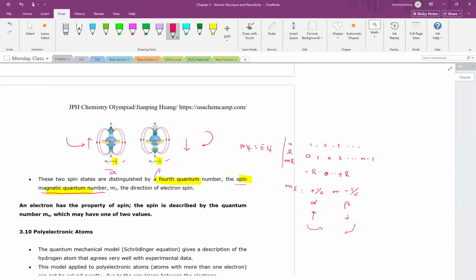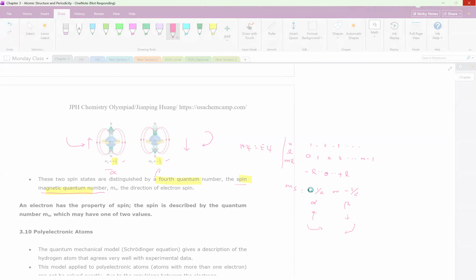Most of the time, we will use these two numbers, or alpha, beta, or up and down. Any questions, please?